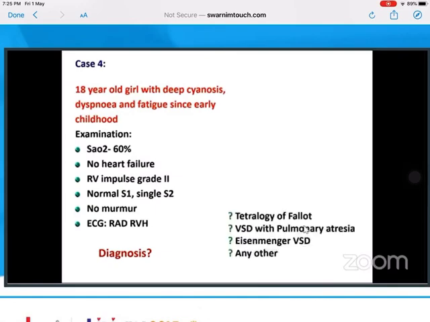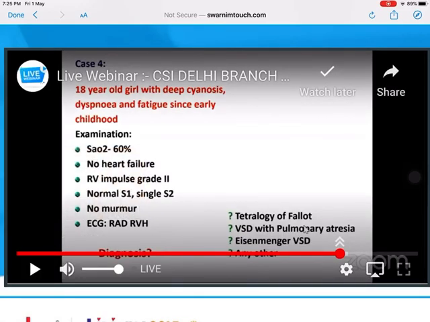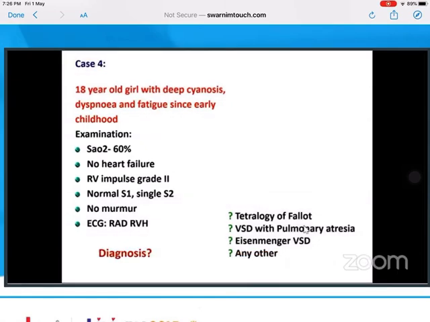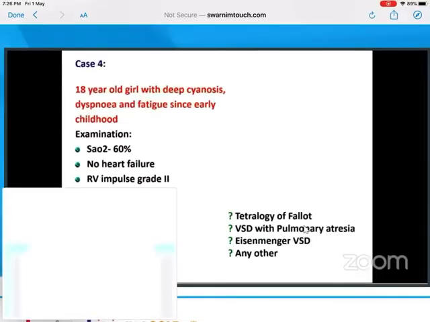I think we are going to diagnose this girl as VSD pulmonary atresia because she's very blue and she has no murmur, or maybe a very severe tetralogy of Fallot.